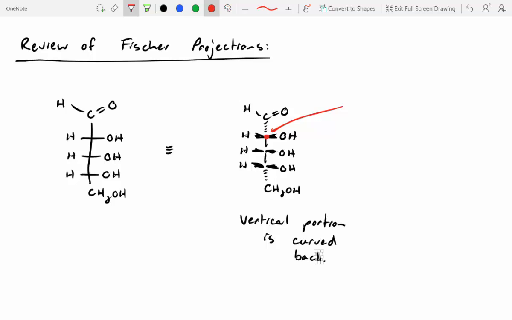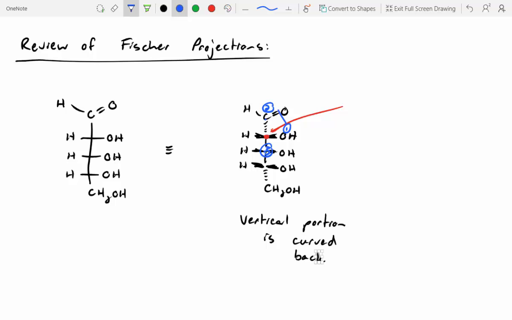So let's try to identify one of these stereocenters. What would be highest priority? Oxygen, right? Because if we look here and here, we've got carbons and a hydrogen, so oxygen's a higher priority. What would be next highest priority, the top carbon or the bottom carbon? Top carbon. So we've got 2, we've got 3.